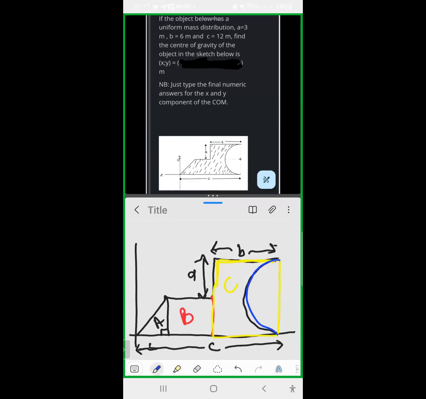We can call this object D, which is the semicircle. So this is our sketch, and we have 4 shapes in it.